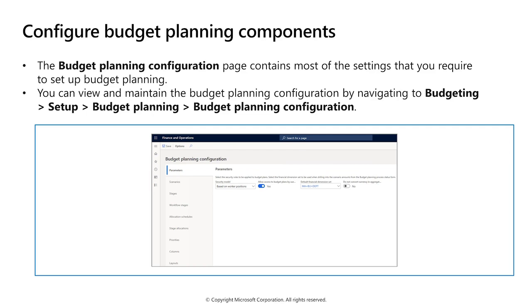We can create the budget plan workflow in the workflow stage section of the budget plan configuration page. There, we can select the stage and the budgeting workflow that will be used and also configure additional settings. A unique budget plan workflow is typically required for each level of our hierarchy.